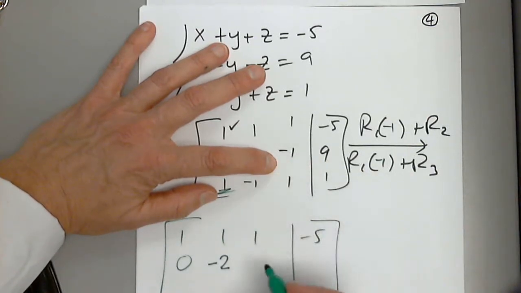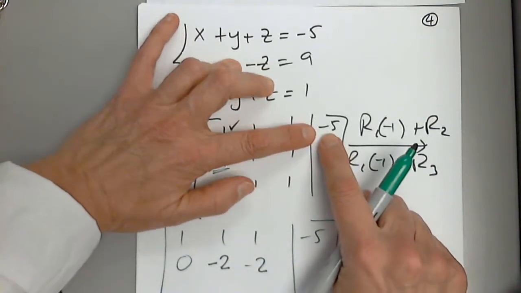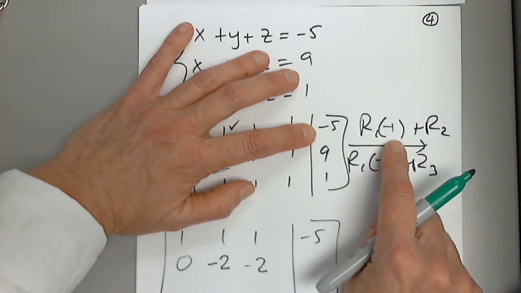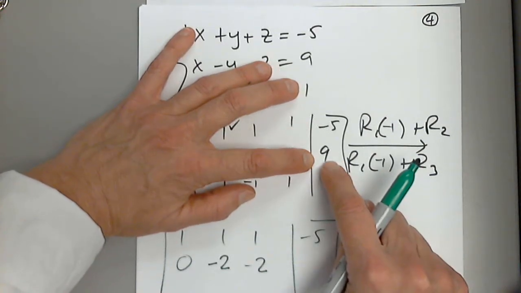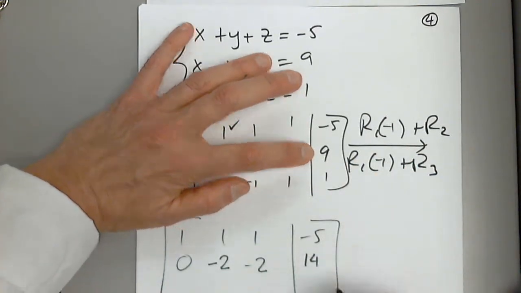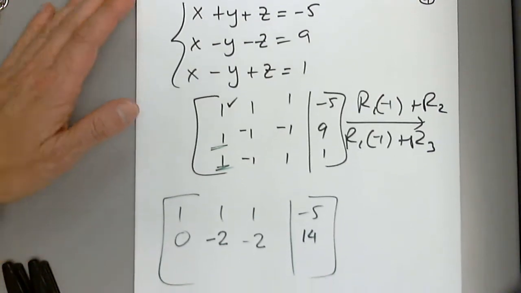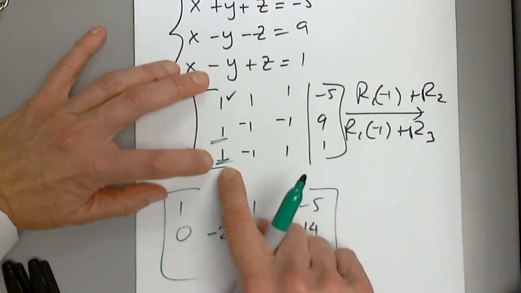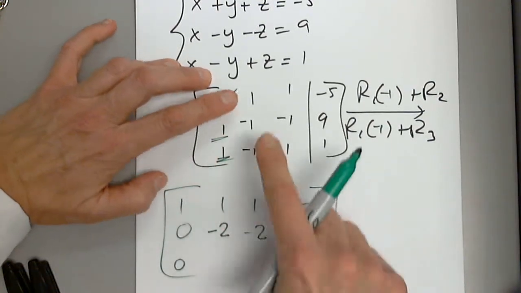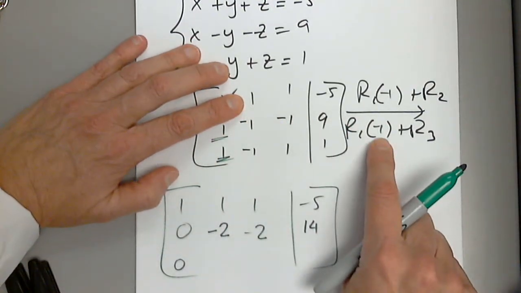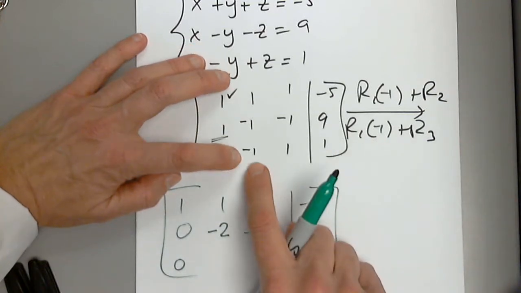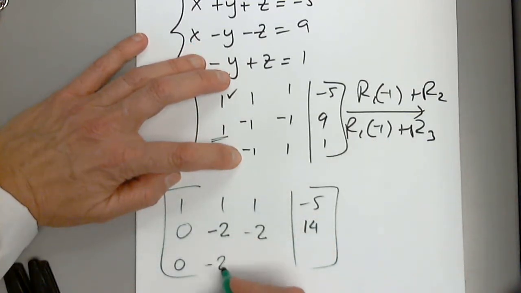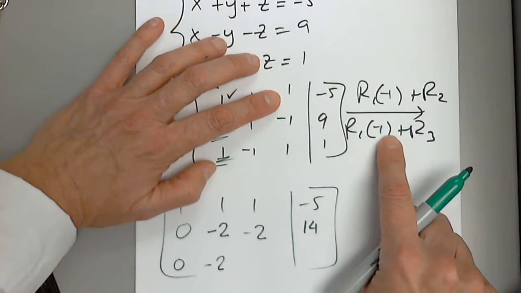Minus 1 is negative 2. Negative 5 times negative 1, 5 plus 9. Very good. Awesome. 1 times negative 1 plus 1. Perfect. 1 times negative 1 is negative 1. Minus 1 is perfect. 1 times negative 1.